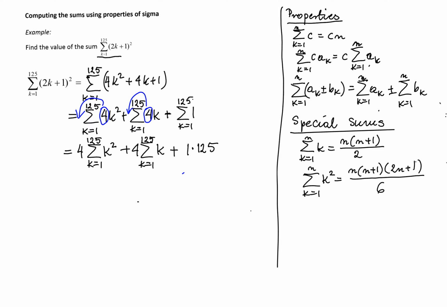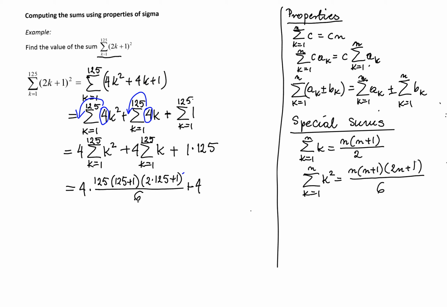Using that formula, we can evaluate the sum to be 4 times, this is the formula with n equal 125, so it's going to be 125 times (125 plus 1) times (2 times 125 plus 1), all of this divided by 6.